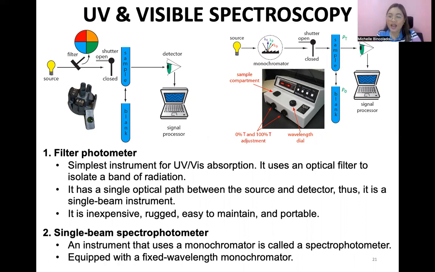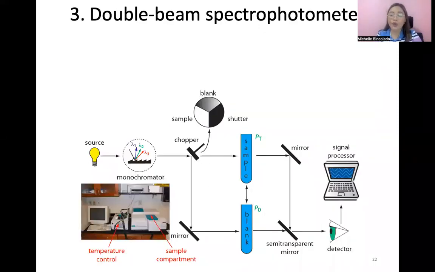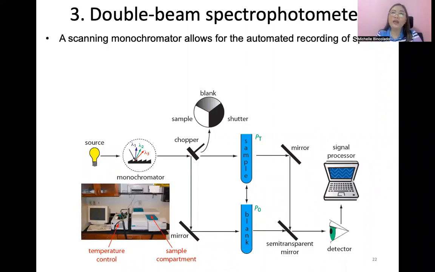Okay? So, ayan guys, ang single beam spectrophotometer. Now, you will understand, kaya pala double beam, dalawa yung path ng light, ma-split into 2 exactly. So a scanning monochromator allows for automated recording of spectra. So this is one advantage, guys, kapag may scanning monochromator ang instrument or equipment ninyo.